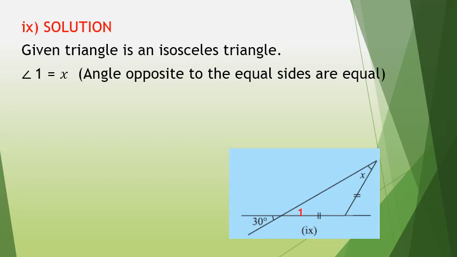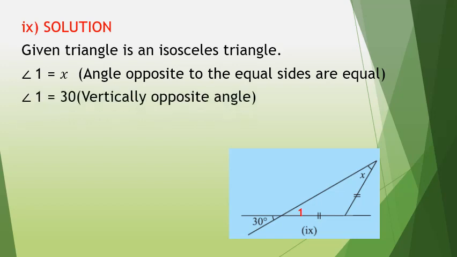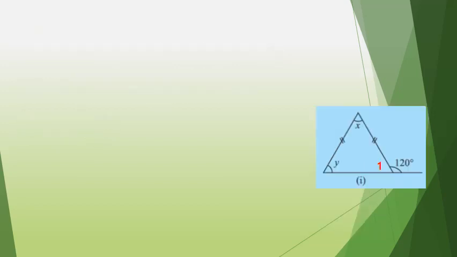That is, the angles opposite to equal sides are equal. Now what about angle 1? Angle 1 equals 30 degrees, that is vertically opposite angle. Therefore x is equal to 30 degrees.